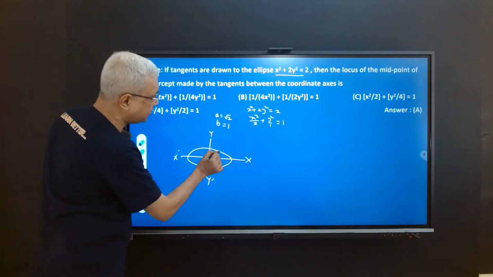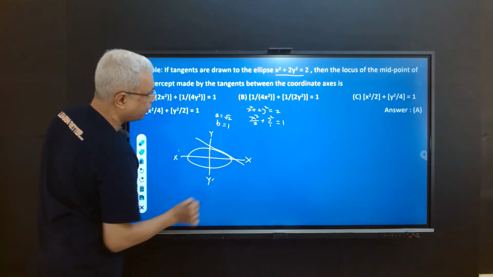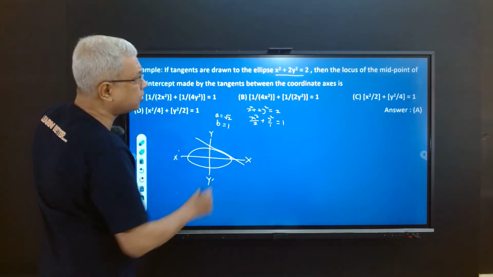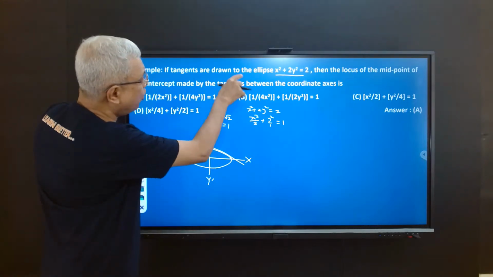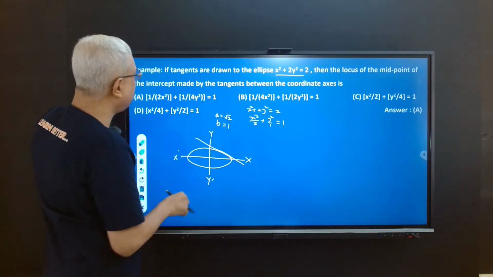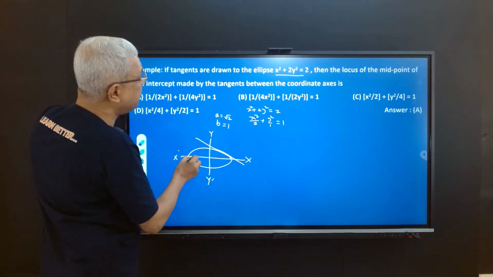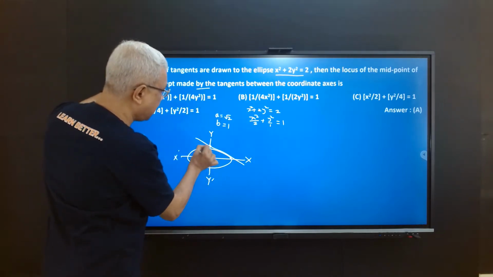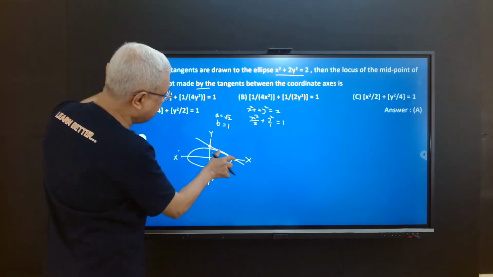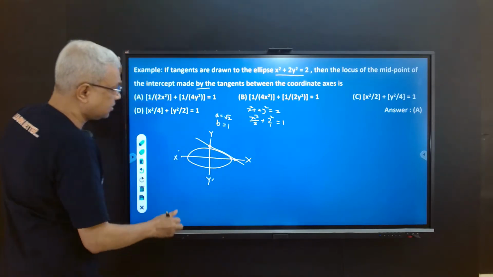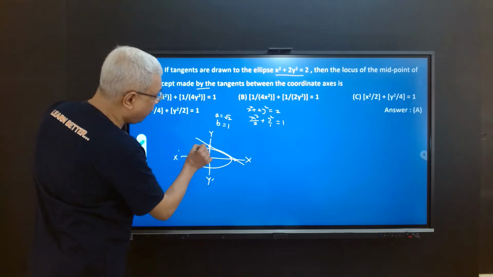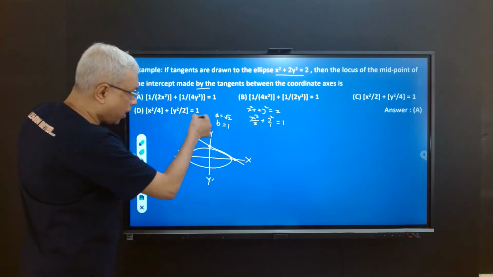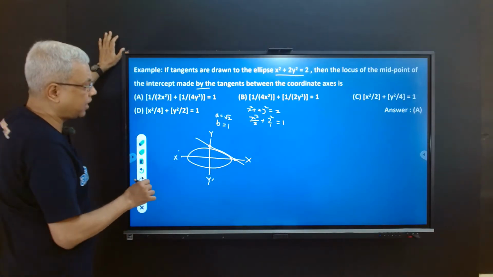Now, if a tangent is drawn, this is the intercept made by the tangent between the coordinate axes. Then what is the midpoint of this intercept? Locus of the midpoint of the intercept, that you have to find out.